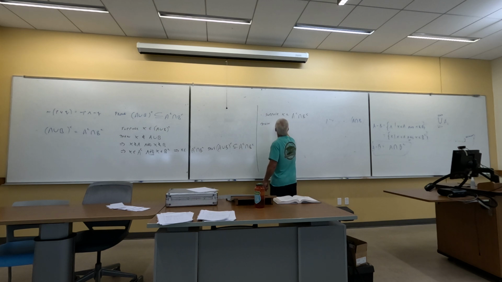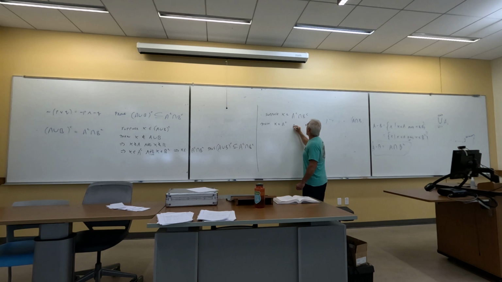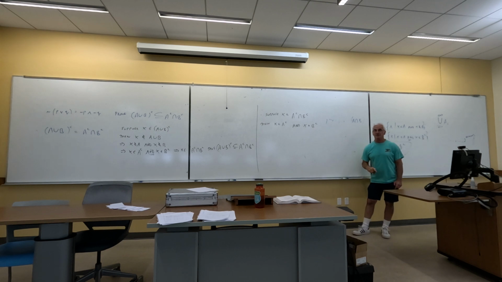Then X is an element of A complement, and X is an element of B complement. Agreed? That's what it means to be in an intersection. You have to be in both simultaneously.